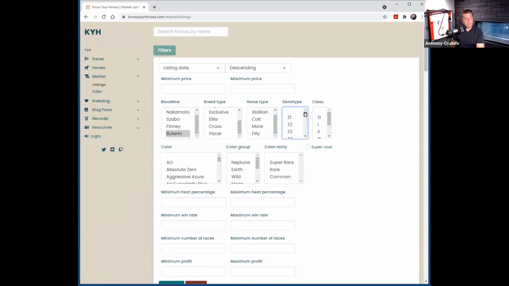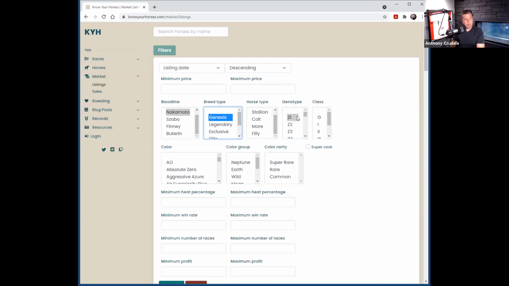And the genotype can go up to Z268, if you breed with a Z. Z1 is the original generation, the minted ones, the original horses. I believe there are only 1,000 Z1s in the top bloodline, Nakamoto Genesis.